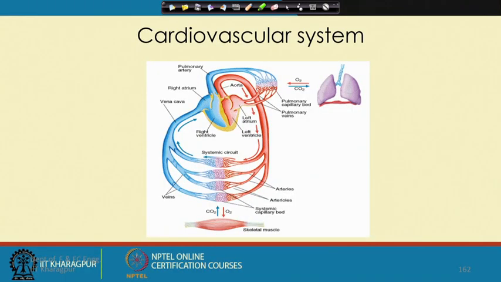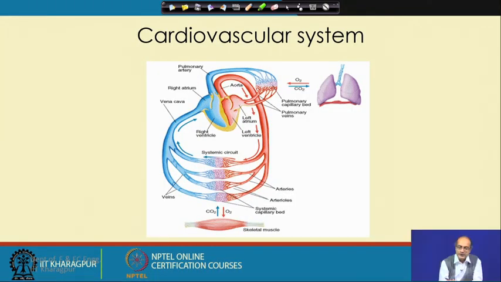Now, we will go through another small part before concluding this session. We have seen the cardiovascular system, and a part of it we told that the left ventricle is pumping out the blood through the arteries and which reaches throughout the body.